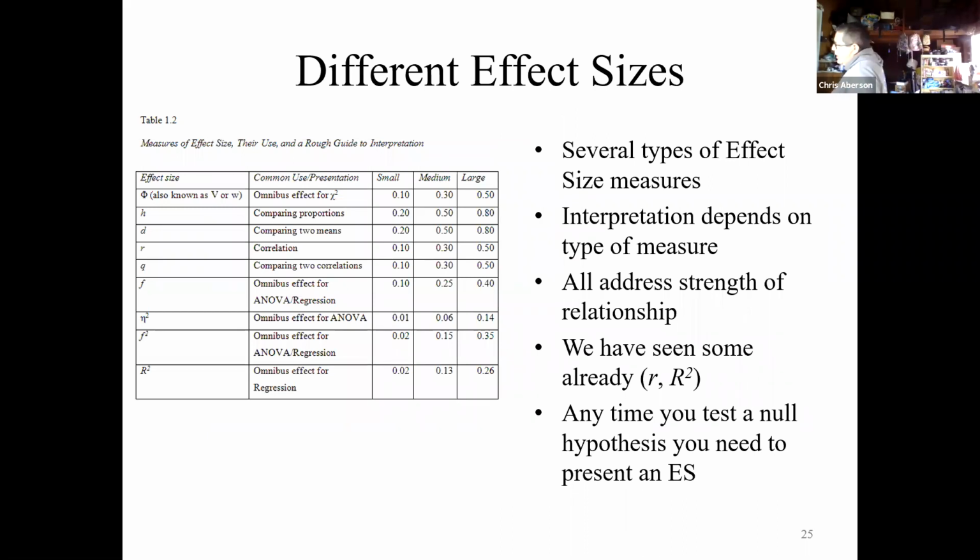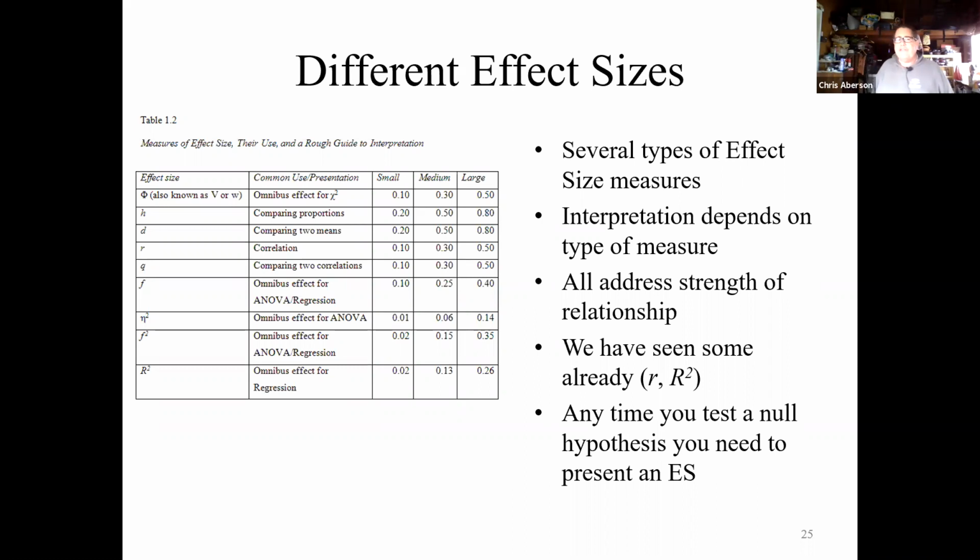Just as a note, and we'll see some of these values a little bit later in the semester, there are a number of different types of effect sizes, and you can see some of them, probably ones that you're familiar with: d and r from correlation, eta squared or partial eta squared from analysis of variance, R squared from regression and multiple regression.